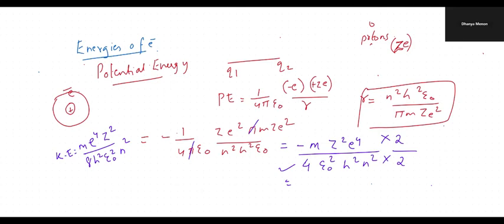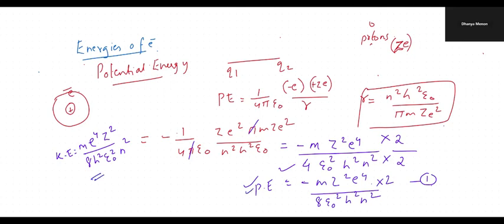When you multiply it, we get an expression like this: minus m Z square e raised to 4 by 8 times 2 by 8 epsilon naught square h square n square. Suppose this is equation 1, that is for potential energy. When I compare this equation with the kinetic energy term, it appears to be similar, right?